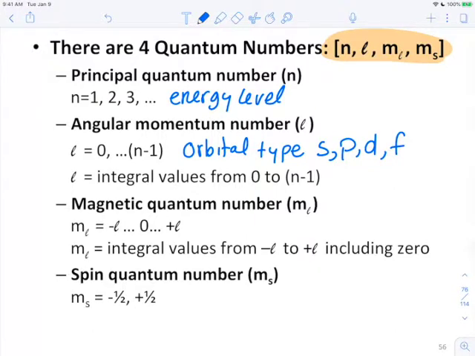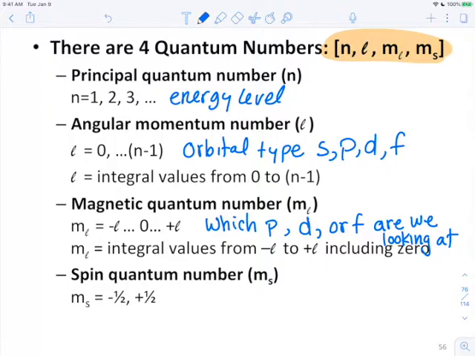Then we have what we call the magnetic quantum number, m sub L, and that is telling you which one of the P's, of the D's, and of the F's you're looking at. Which P, D, or F are we looking at?